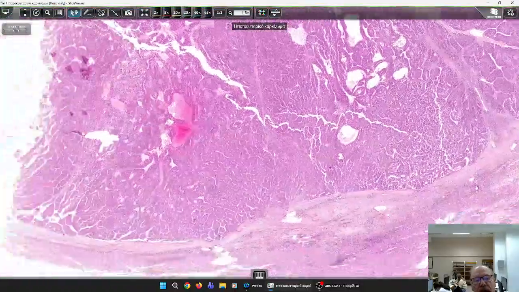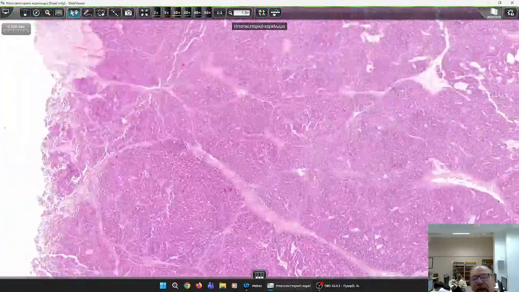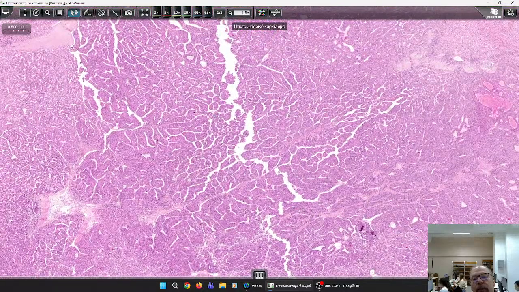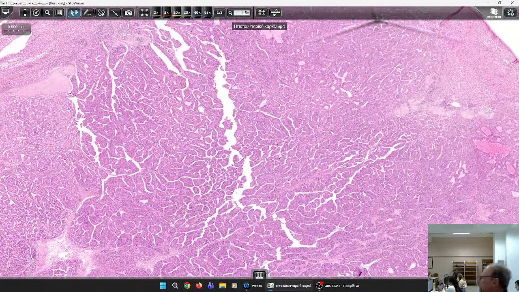However, again, look here, the sinusoidal pattern helps us tell that this is primary and not the commonest malignant type of cancer in the liver, which is metastatic. Metastasis, of course. So this is another liver cell carcinoma.